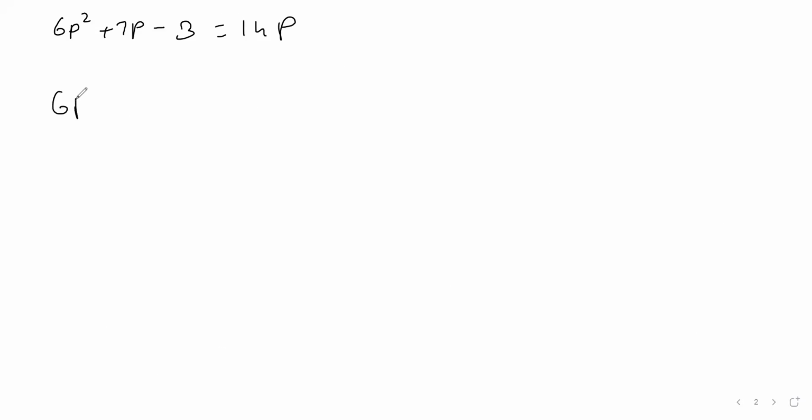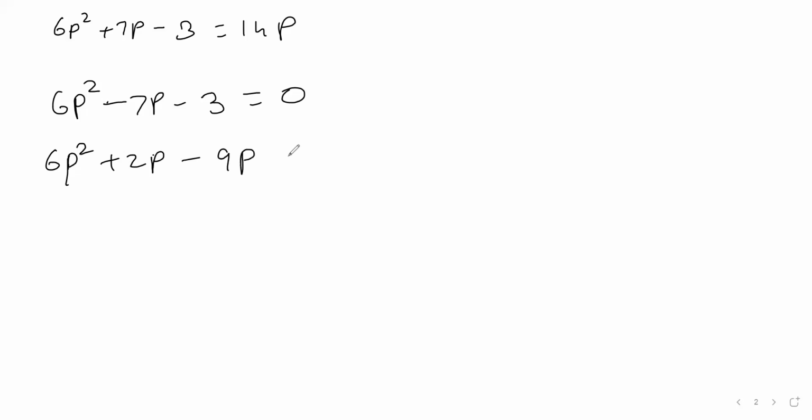This 14P comes here, so 6P square minus 14P plus 7P, so it will be minus 7P, minus 3 is equal to 0. So we want multiplication to be minus 18 and subtraction minus 7. So it will be 6P square plus 2P minus 9P minus 3 is equal to 0.